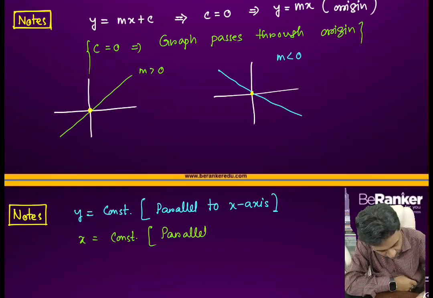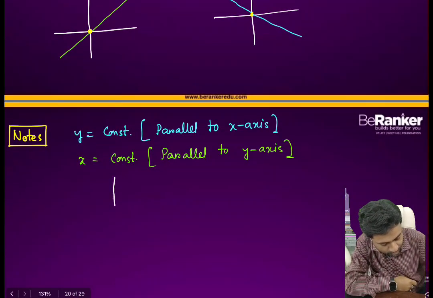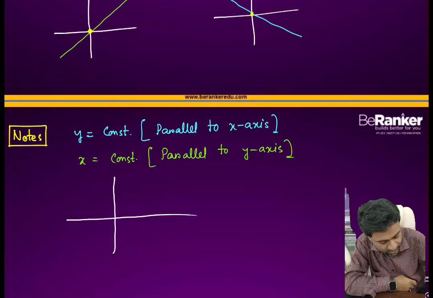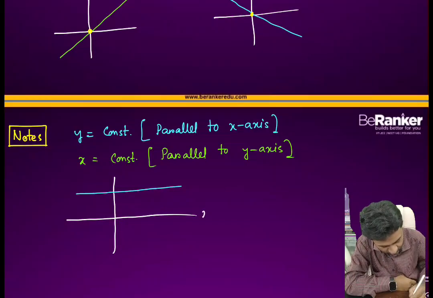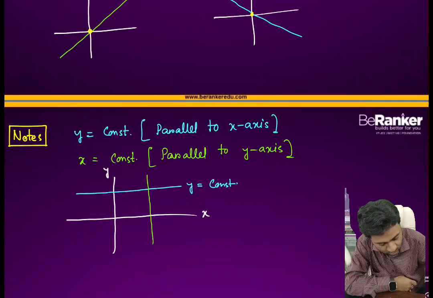And if x is constant, the graph will be a line parallel to the y-axis. I will show them in the same graph. y equals constant is a graph like this. This is x, this is the y-axis. This is the graph for y equals constant.